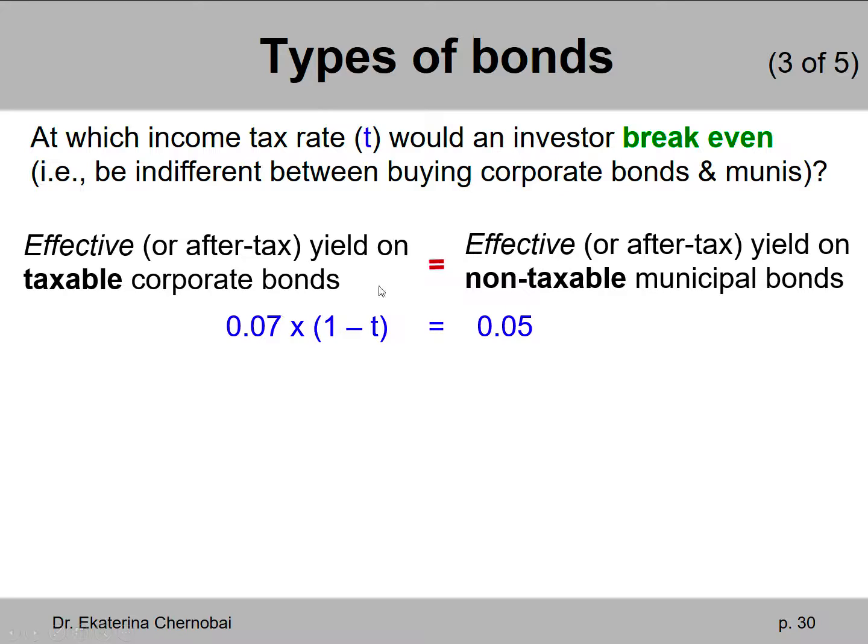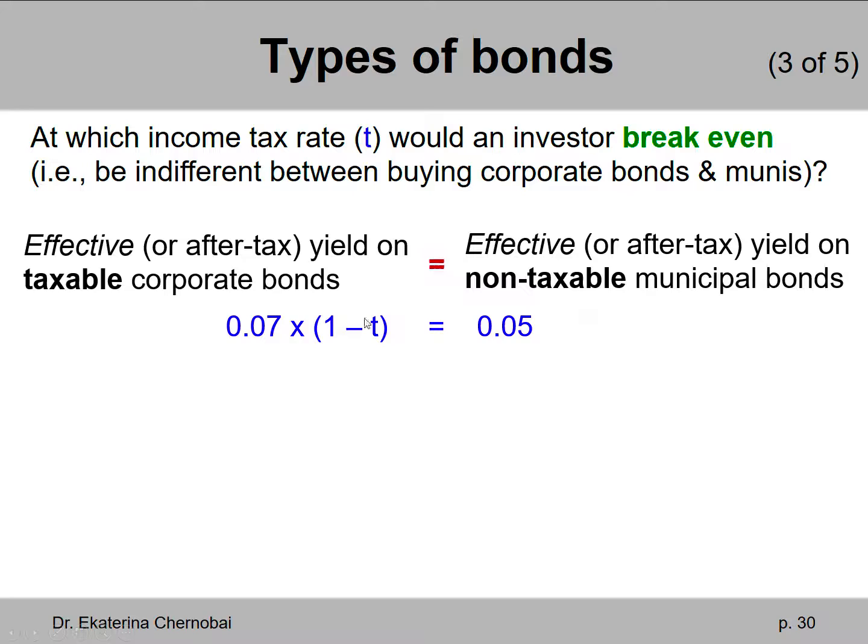So we are asked essentially to calculate the tax rate that would make both sides equal to 5%, right? The after-tax return on the municipal bonds is 5% as given, and so is the after-tax return on the corporate bonds.